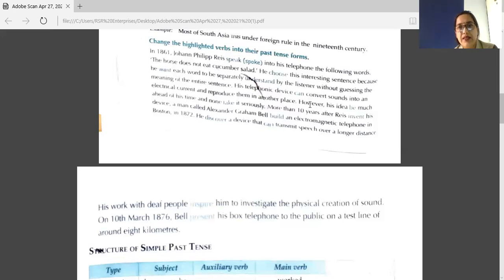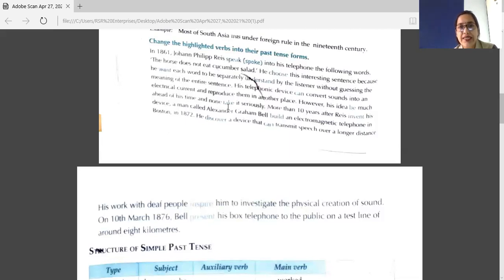However, his idea, now here be is written. So I told you forms of be in past tense, they are was or were. So your answer is his idea was much ahead of his time and none take. So in place of take, took will come.